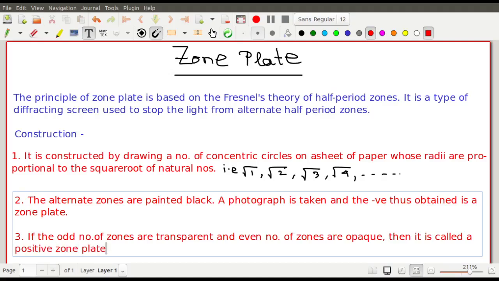So if you allow the 1 3 5 7 and 2 4 6 8 are blocked, then we call it a positive zone plate, right?